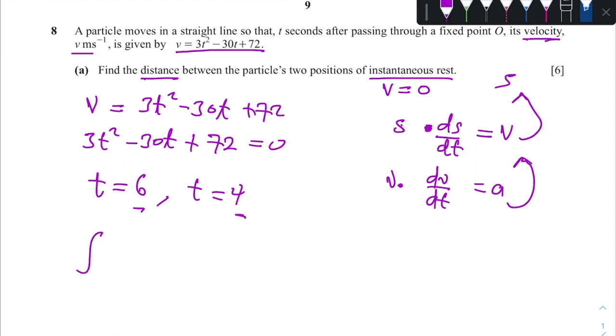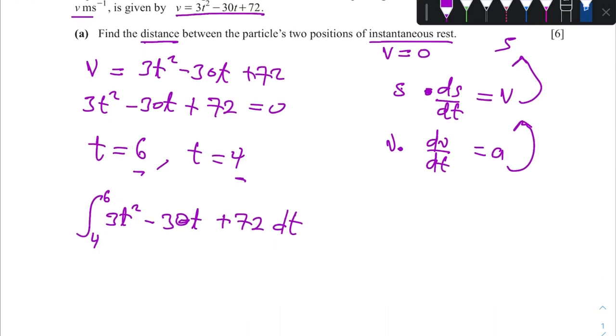So now they gave us velocity and they want us to find a distance. So I just have to integrate this velocity, 3t squared minus 30t plus 72 dt, okay, from 4 all the way to 6, and then I'm done, right?